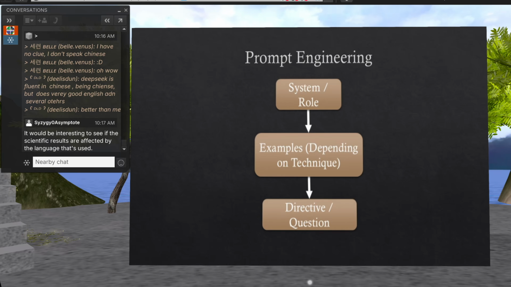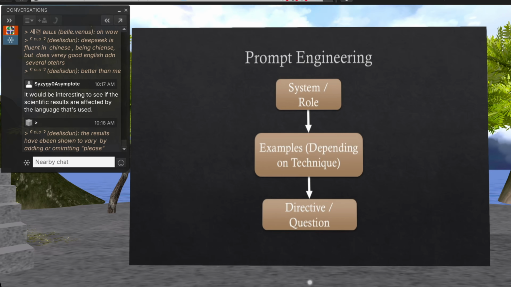When you work with a large language model online, when you're speaking to an AI-based support assistant, or to ChatGPT, or to some LLM that's being hosted online, you interact with the model by providing a directive and a question, which is the thing that you see at the bottom.